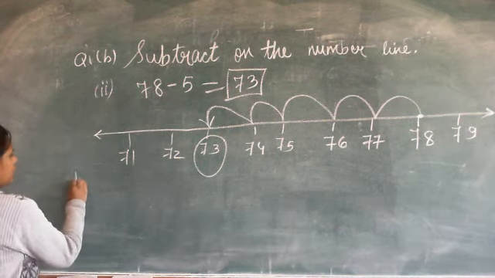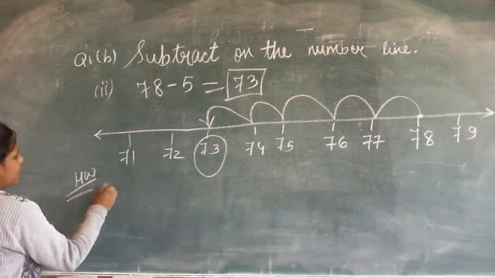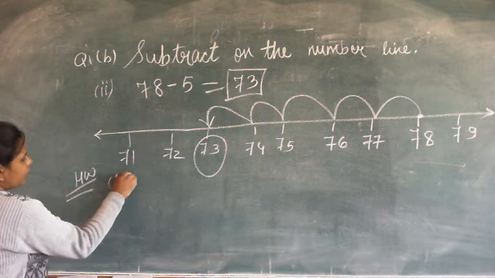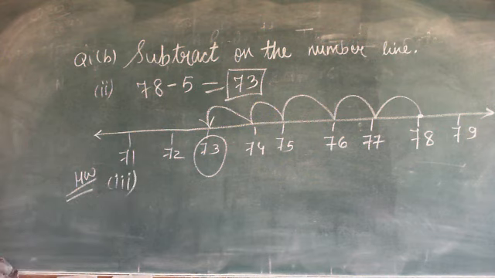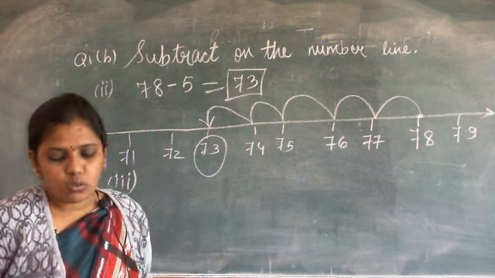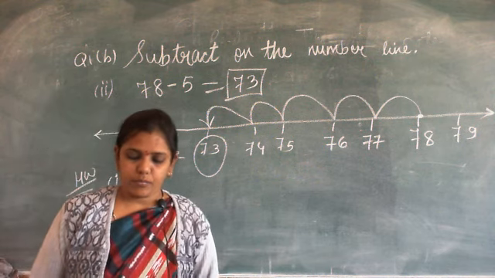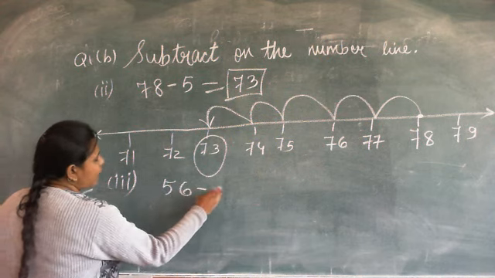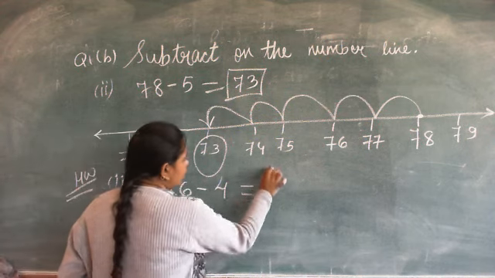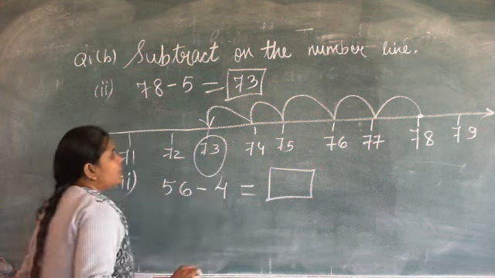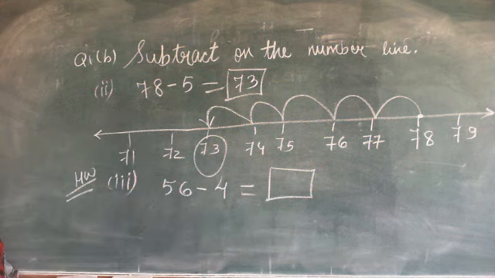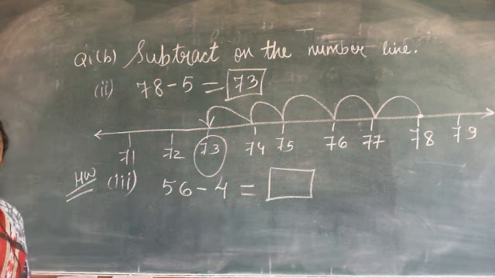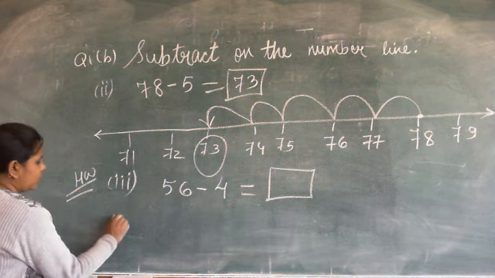So after writing second, write homework and copy the third question. The same question you have to solve using number line. Right? 56 minus 4 is equal to. One more question.